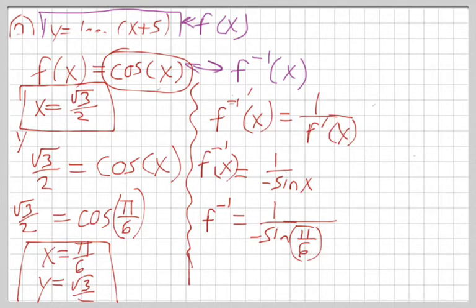So the derivative of f inverse is equal to 1 over negative 1/2. Remember, the sine of pi over 6 is 1/2. So what is 1 divided by negative 1/2? You should get the answer negative 2. So that's the derivative for this inverse.